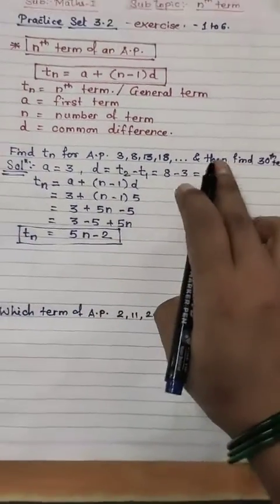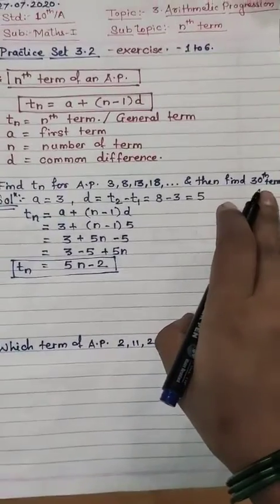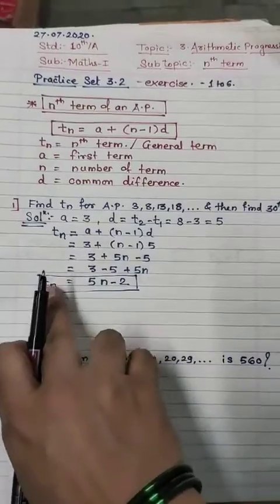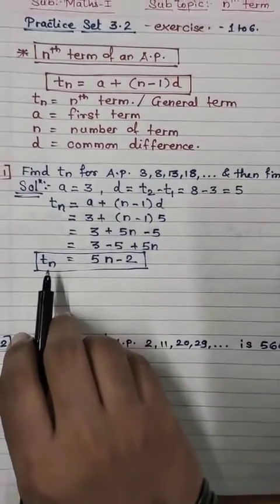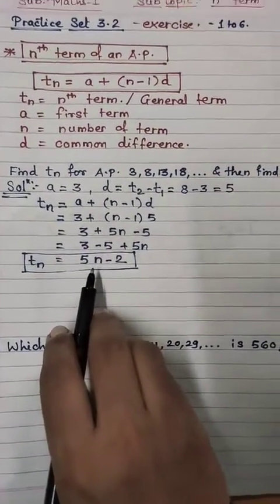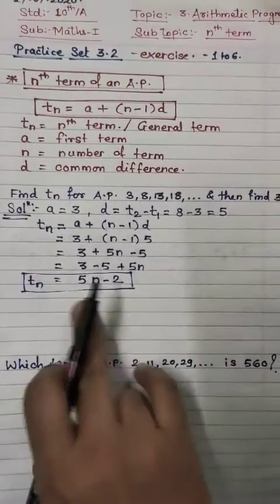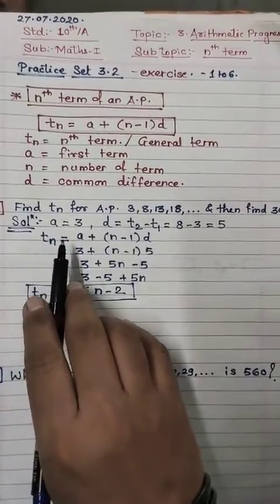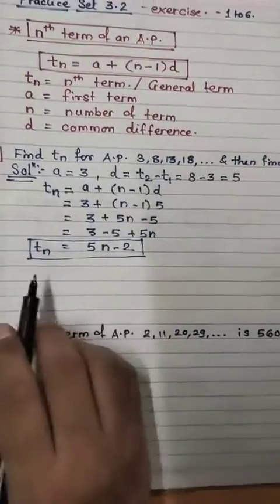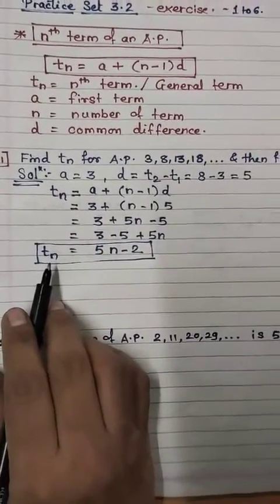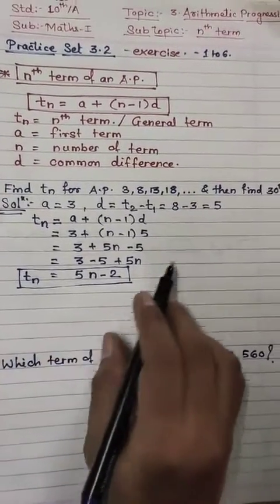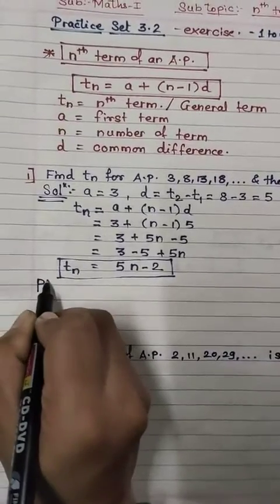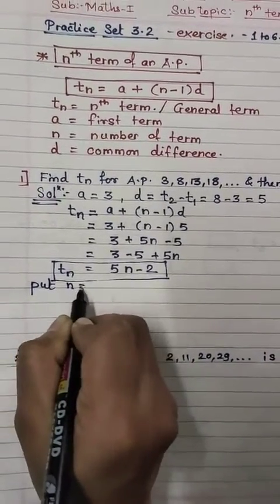Now the question is to find the value of the 30th term. Here we can use the formula Tn is equal to 5n minus 2, as we generated, or else you can use the actual formula of Tn. So by using Tn is equal to 5n minus 2, I will put n is equal to 30.